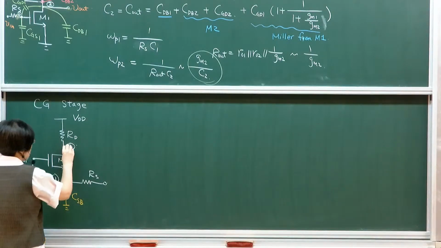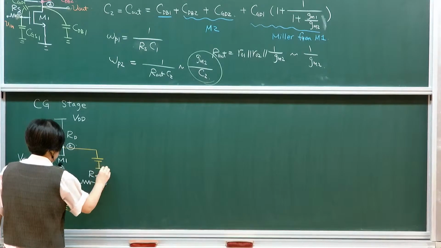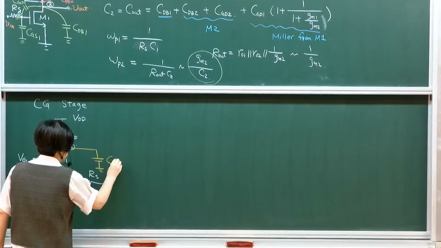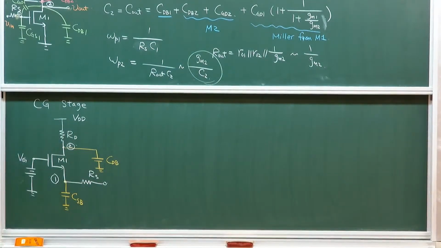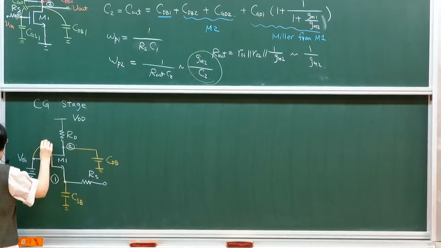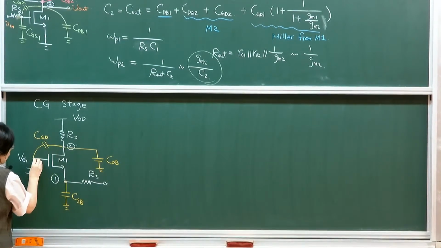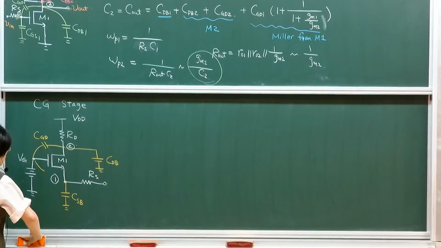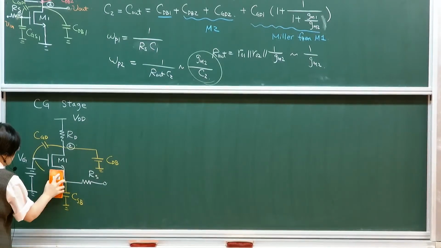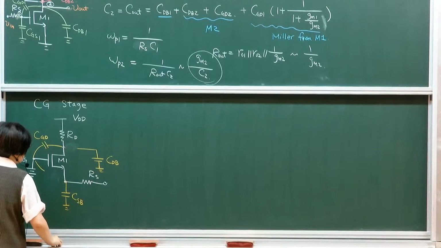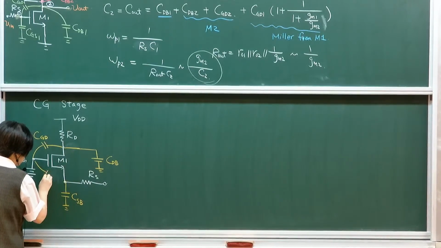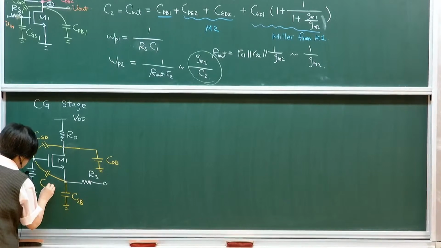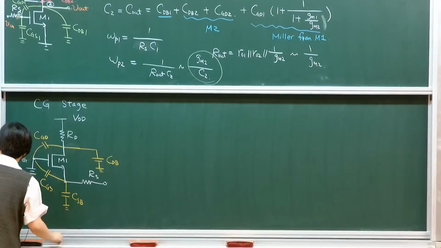Drain to body, there's also these junction capacitance. And then I have CGD, and then I have, let me move the node, my CGS, okay?